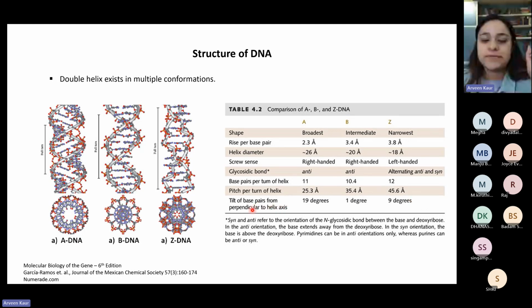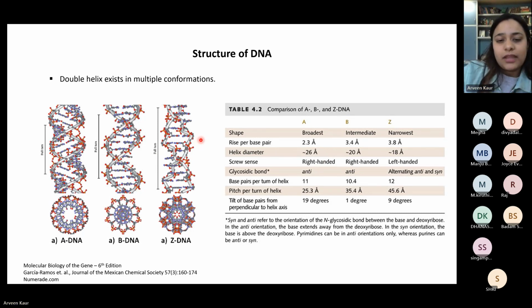Then tilt of base pairs from perpendicular to the helix axis has 19 degrees tilt in case of the A form of DNA, 1 degree only in case of the B form of DNA, and 9 degrees in the Z form of DNA, right?